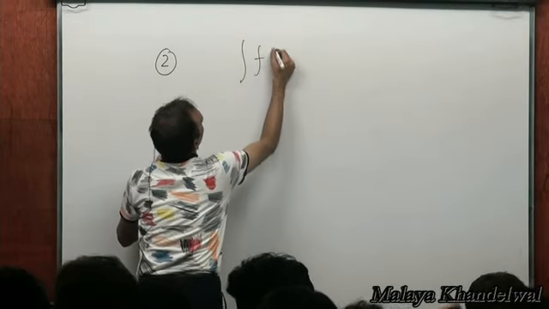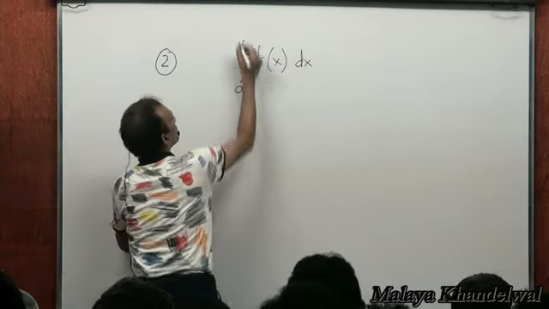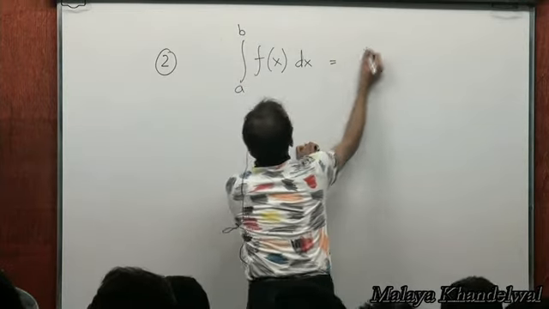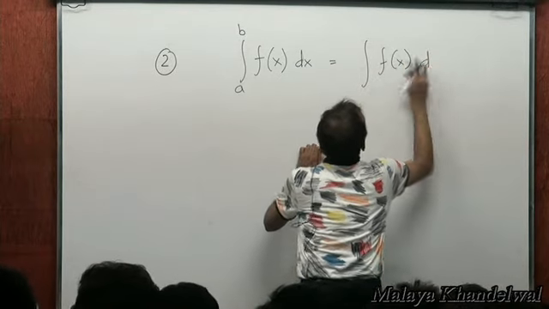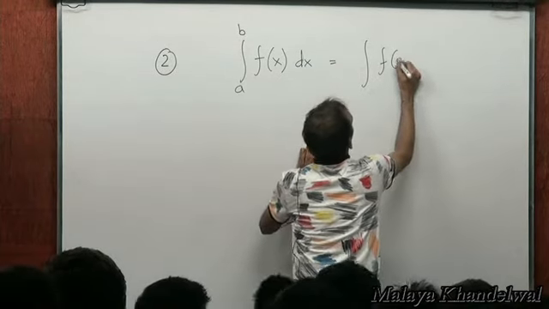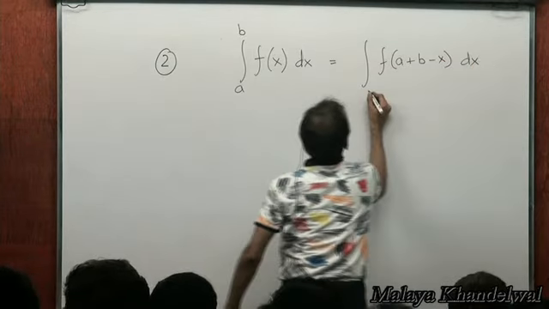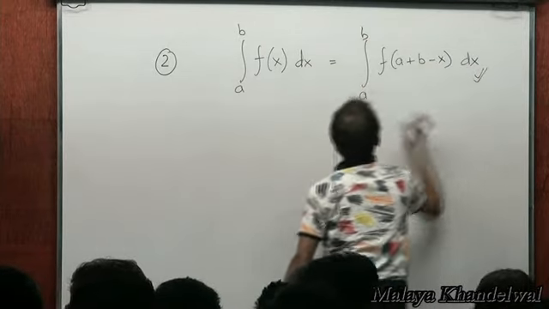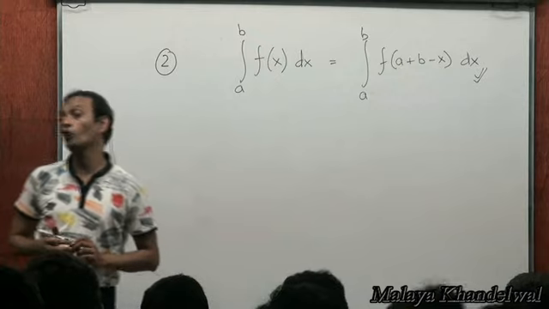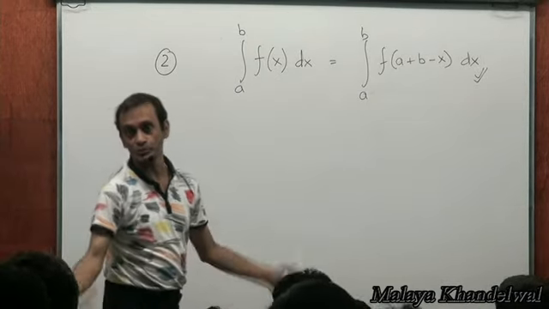The integral of f(x) dx from a to b would be the integral of f of a plus b minus x dx from a to b. In ranking, this is almost as good as the previous property in terms of the application that it provides.